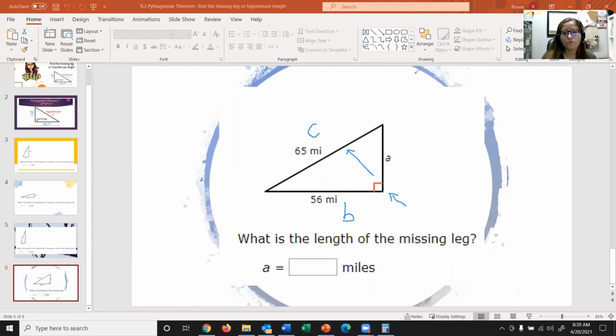And then we're going to use our formula: a squared plus b squared is equal to c squared. We are still trying to figure out what a squared is, what that side is. We know that b squared is 56 squared, and then we know that c squared is 65 squared.